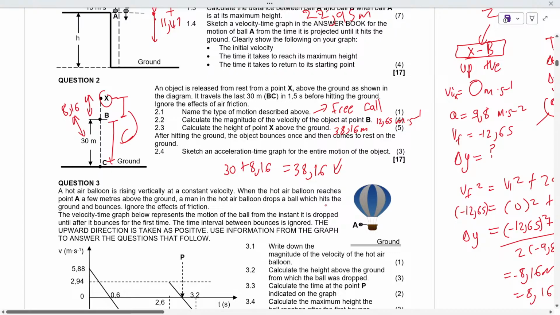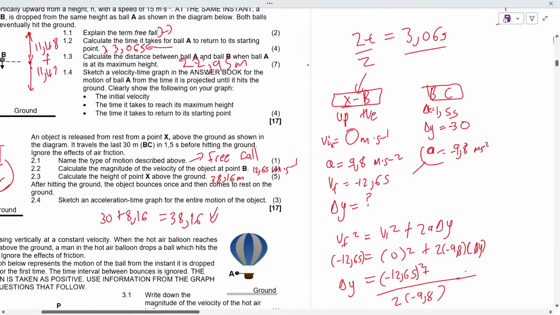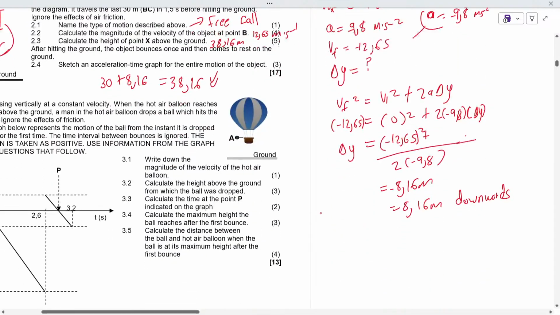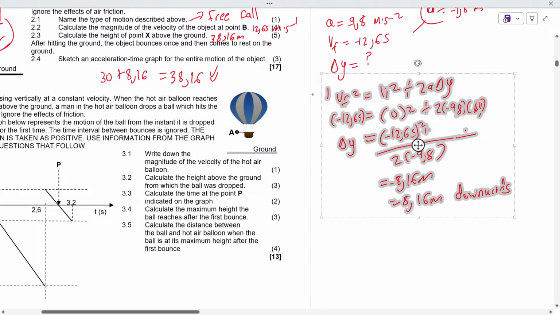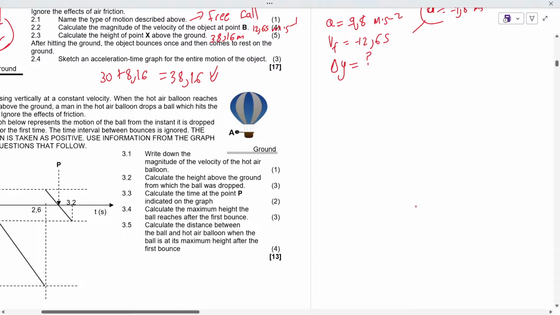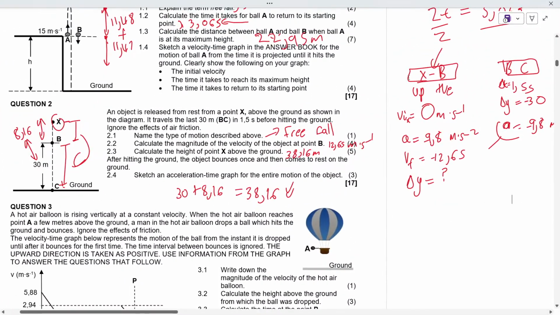And then sketch the acceleration time graph for the entire motion. Acceleration time graph. So let me draw here at the beginning, at the bottom. So this is the ball that drops.